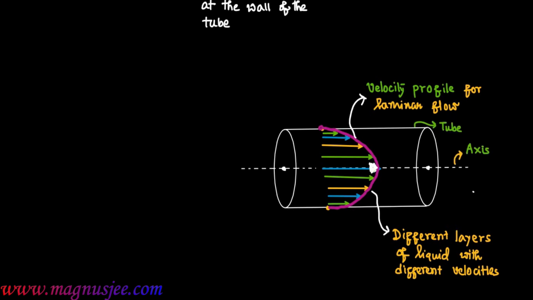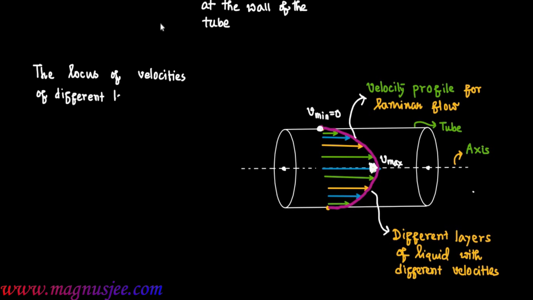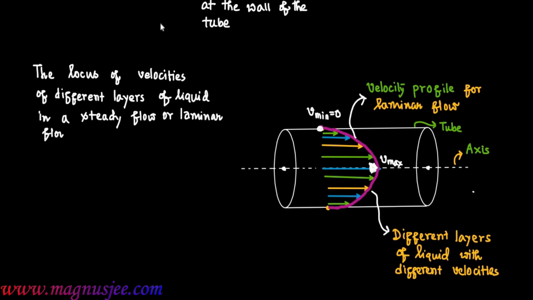Vmax is the maximum velocity of liquid along the axis, and Vmin is the velocity which is 0 at the wall of the tube. The locus of velocities of different layers of liquid in a steady flow or streamline flow or laminar flow, they are all same.